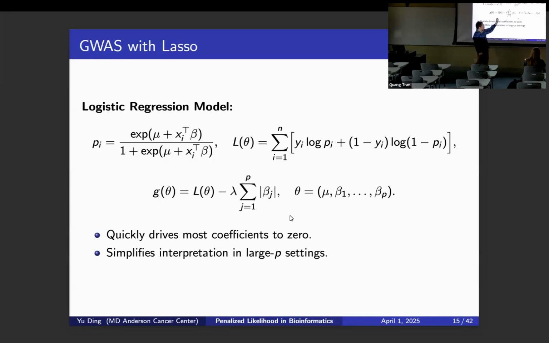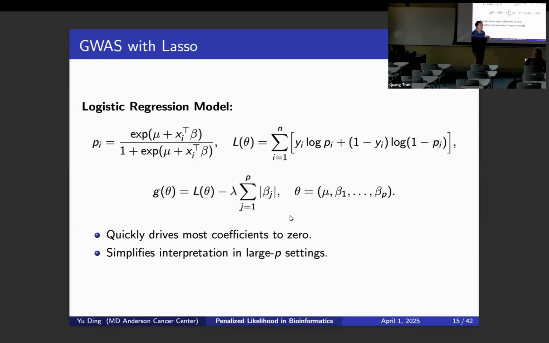So the possible outcome, if lambda goes to some extreme value or is very big, is definitely that all of the beta j here, beta 1 to beta p, all of the betas in the penalty terms will have the result of 0.